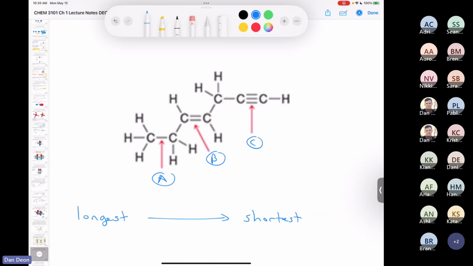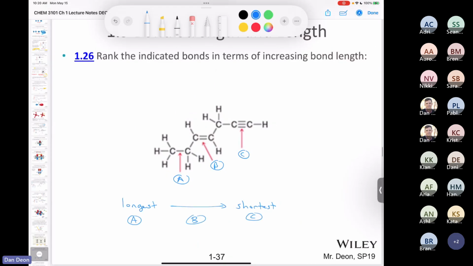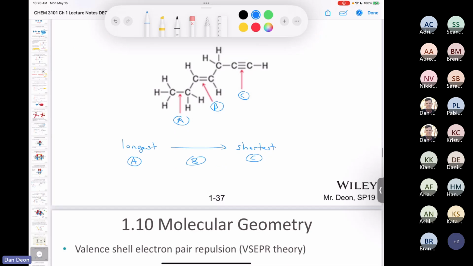So which one's going to be the longest bond here? A would be the longest. Which one's going to be the shortest? Yeah, awesome. And then B will be somewhere in the middle. That's one I would expect everybody to nail.